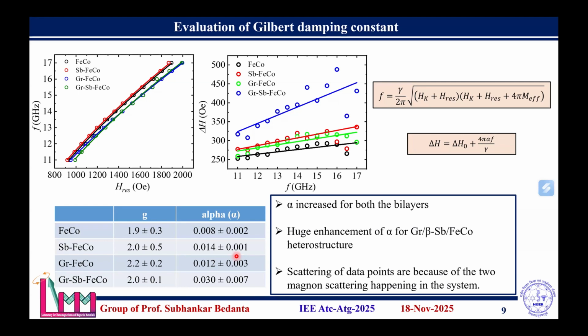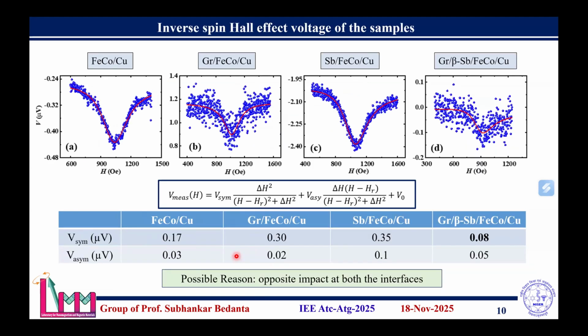So to get a direct visualization, we have measured the voltage, and these plots show the inverse spin Hall effect voltage of all the samples when the magnetic field and the contact angles are at 0 degree.